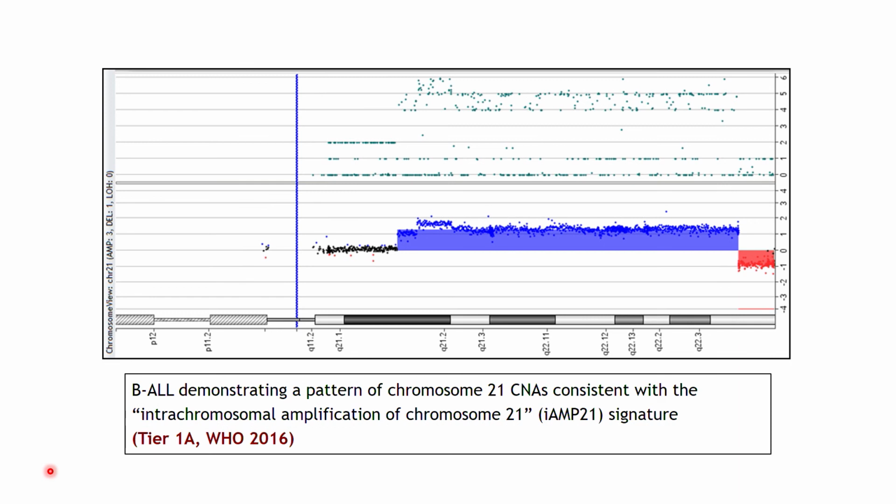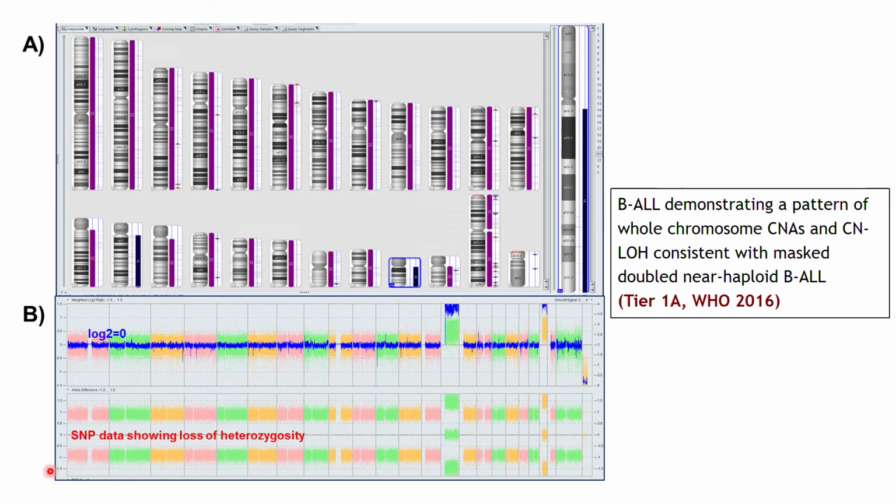So this is a pattern that corresponds to iAMP21. This is a very characteristic combination of copy number changes that you see on chromosome 21 in this molecular subtype of B-ALL. So in this case, you would classify all these copy number changes as one characteristic pattern rather than classifying each copy number change individually. And this is another example of the same concept.